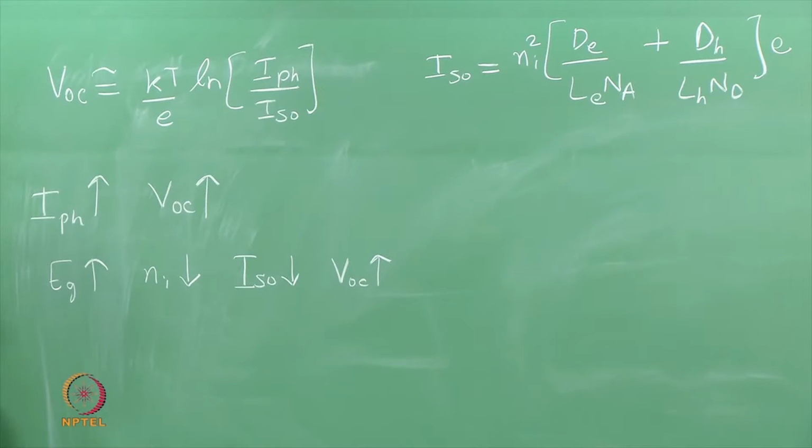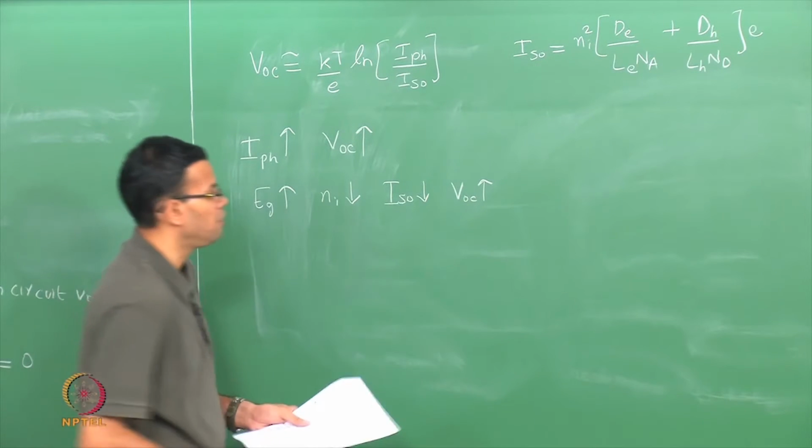So in the case of a solar cell, we saw that the important parameter was the power conversion efficiency.